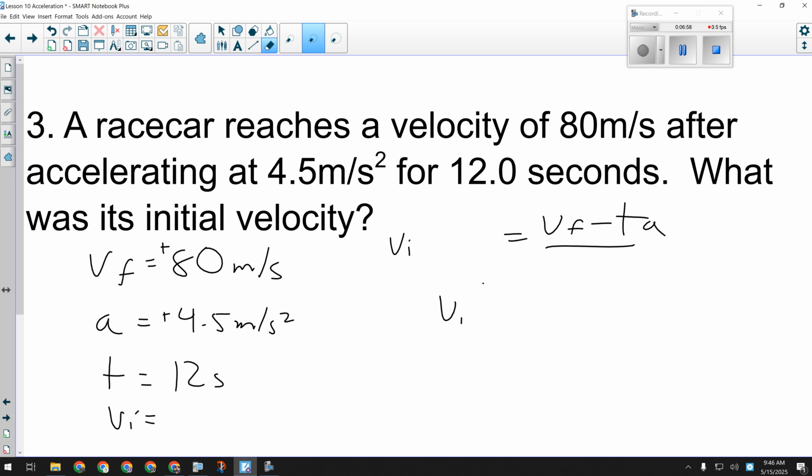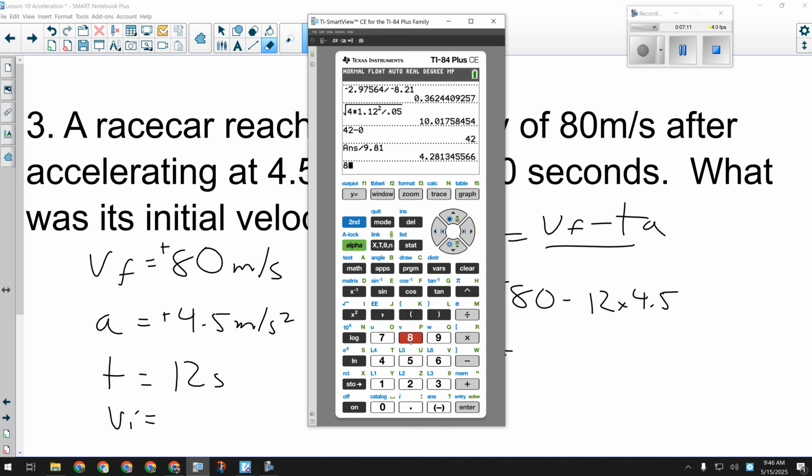So then I can plug in my numbers. That'll be positive 80 minus 12 seconds times 4.5. So 80 minus 12 times 4.5.